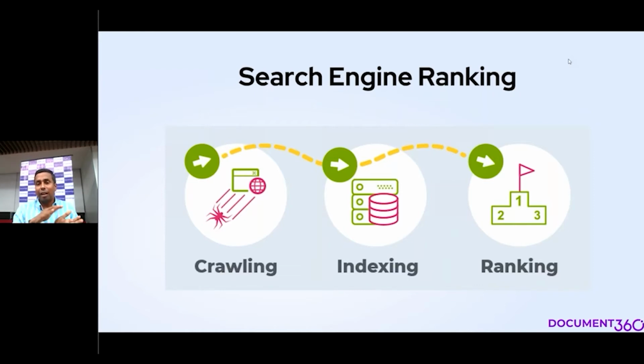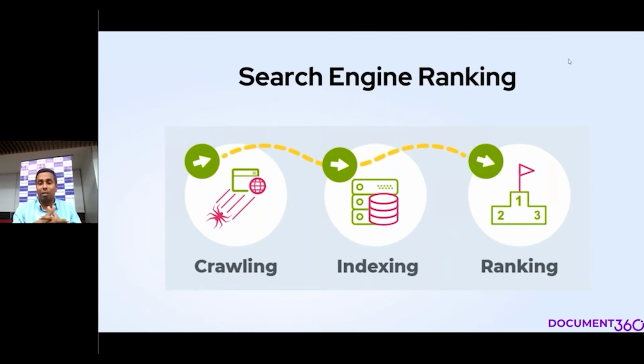And then after that, a search engine algorithm will rank those pages: for this kind of query, which are the relevant pages I should rank on top. Again, different search engines have their own algorithms. You probably know about Google.